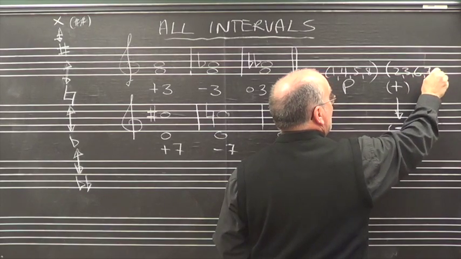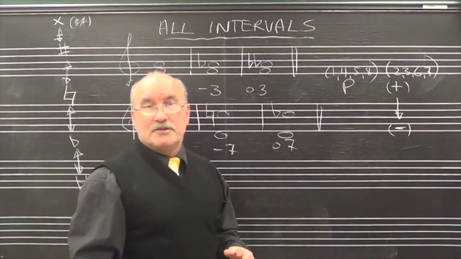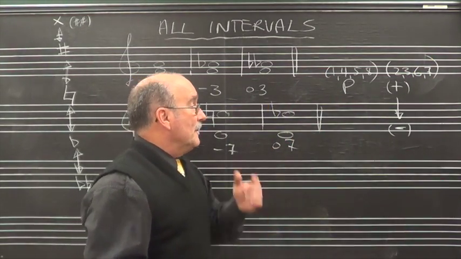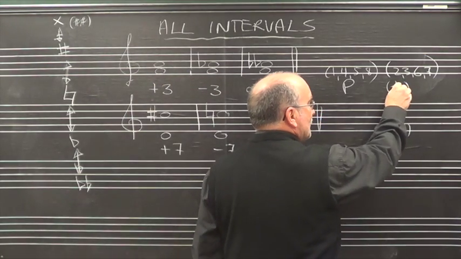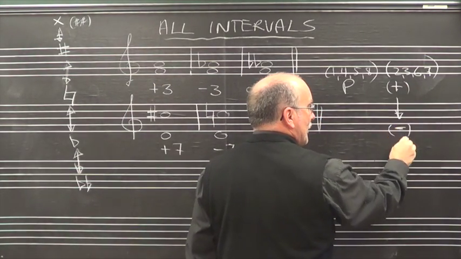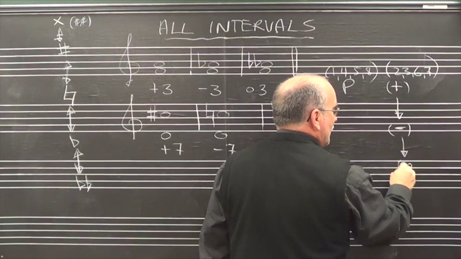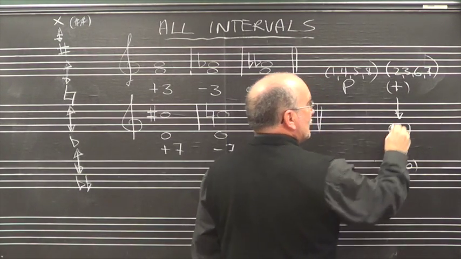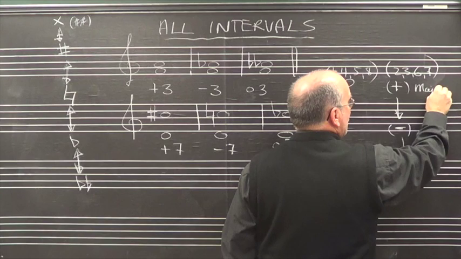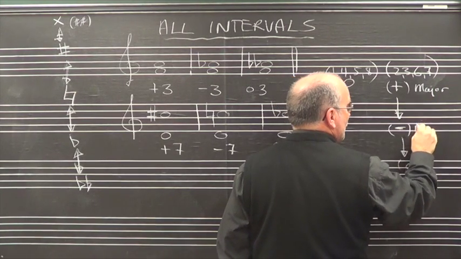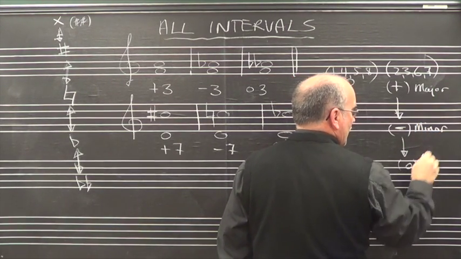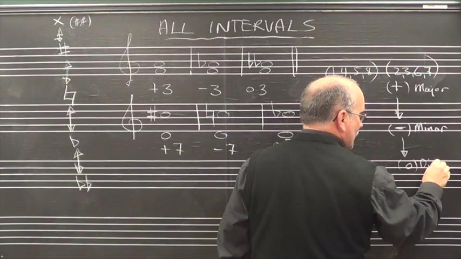Major 2nd, major 3rd, major 6th, major 7th. Now when we lower a major one semitone, it becomes minor. If we lower it again, it becomes diminished. So once again, this is the symbol for major, this is the symbol for minor, and this is the symbol for diminished.